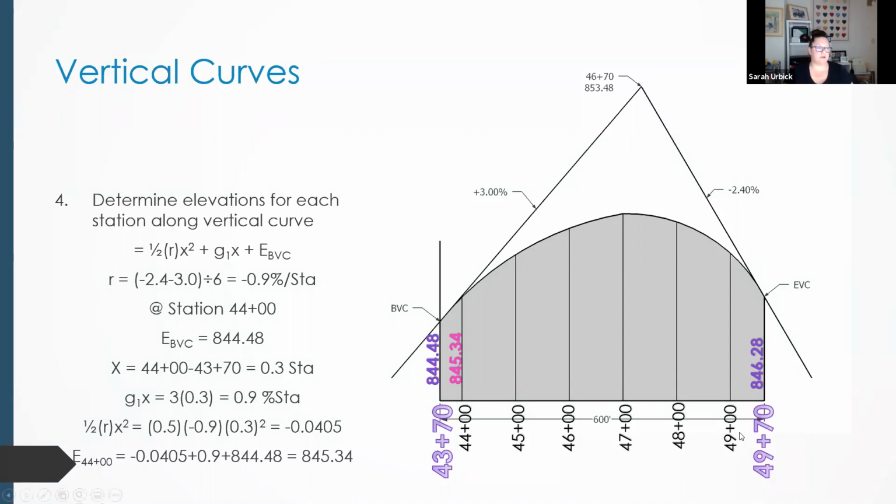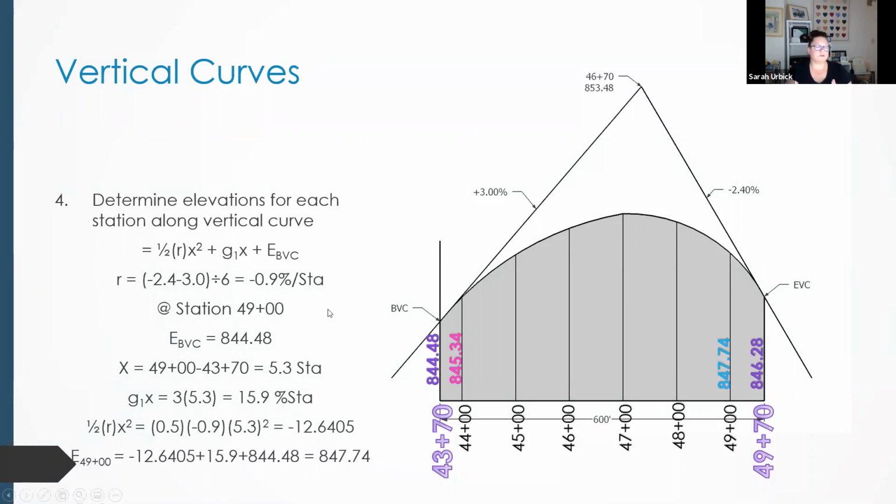So if we were to look at station 49, we're looking at everything back to the beginning. We have the same formula. Our value for R is the same. Nothing else has changed. Our slopes haven't changed. Our rate of change hasn't changed.